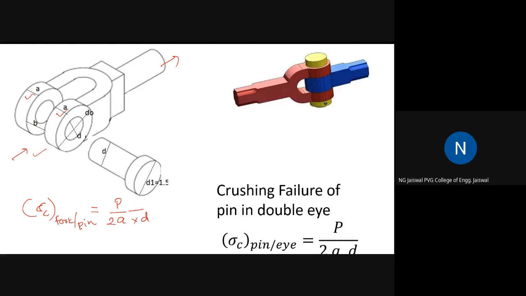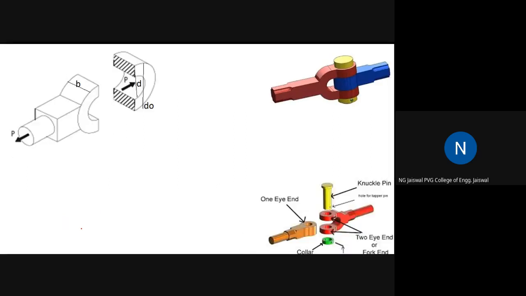But in which criteria it will fail? It will fail under crushing failure. An equation corresponding we can then write down. Then we can execute this equation. You can use this equation to find out some unknown dimensions of this component. So this is a crushing.